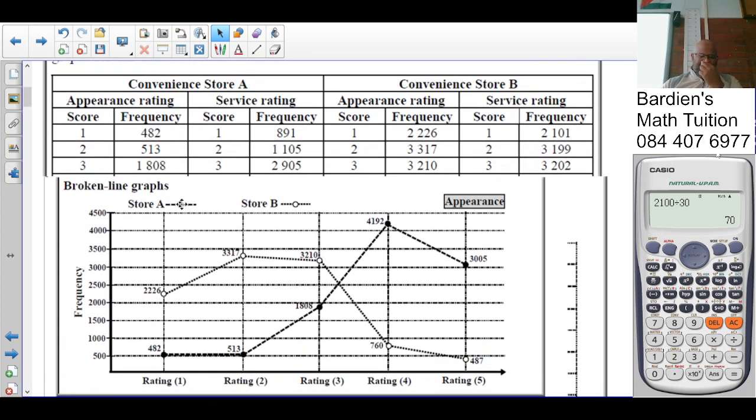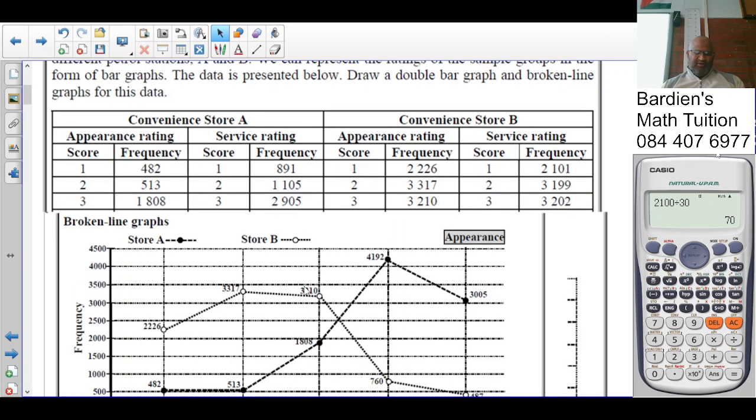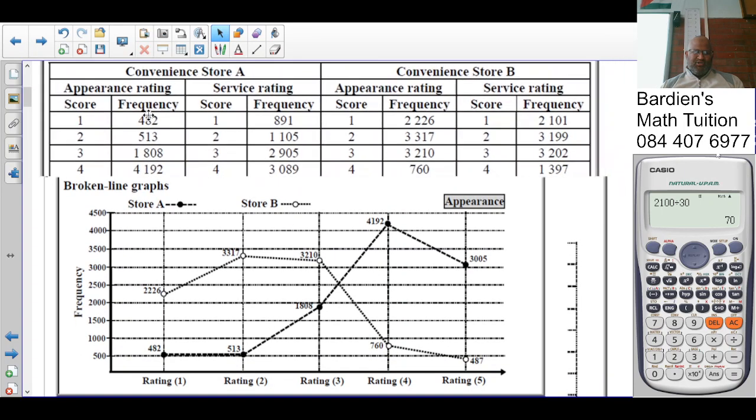So there they are comparing store A and store B. Store A has the darker line, as you can see indicated there. Again, the key is important. And what they did was they're only doing it for the appearance. So the appearance in store A came to be 428. Appearance in store B is 2,226. And you see they plotted these points.